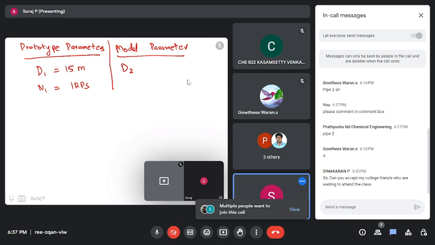So we are going to solve this problem. The parameters of the prototype are given as 15-meter diameter and 1 RPS, which is the rotational speed. Moreover, they have given that the lab scale model is 1 by 100th of the size of the actual propeller.